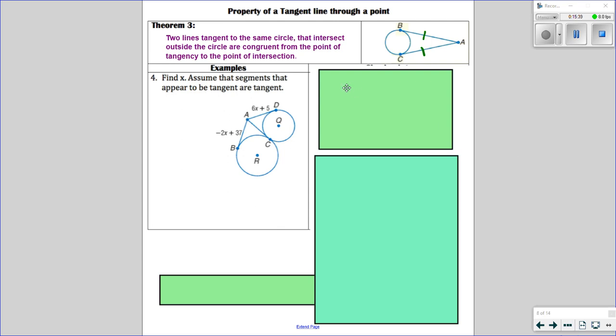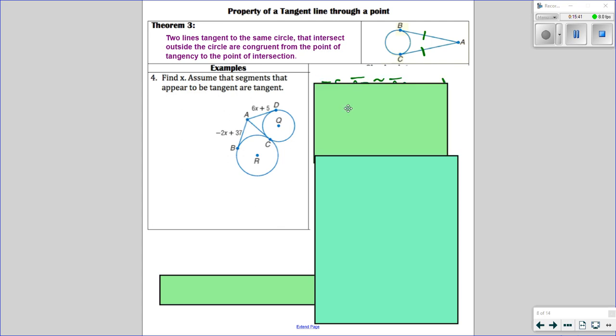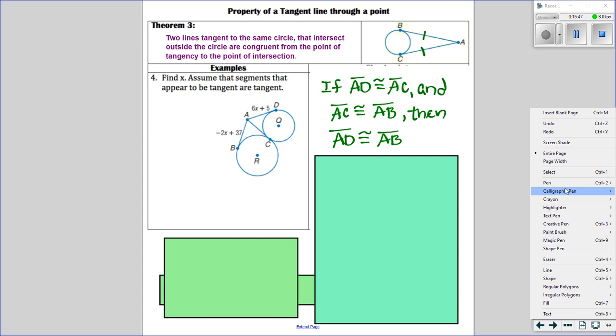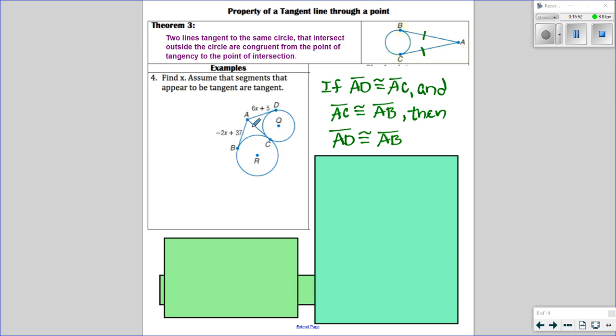With this one, I set up a relationship. I said if AD is congruent to AC, and I'm going to use different colors for this so that you can see this, AD is congruent to AC, and AC is congruent to AB, then AD is congruent to AB.